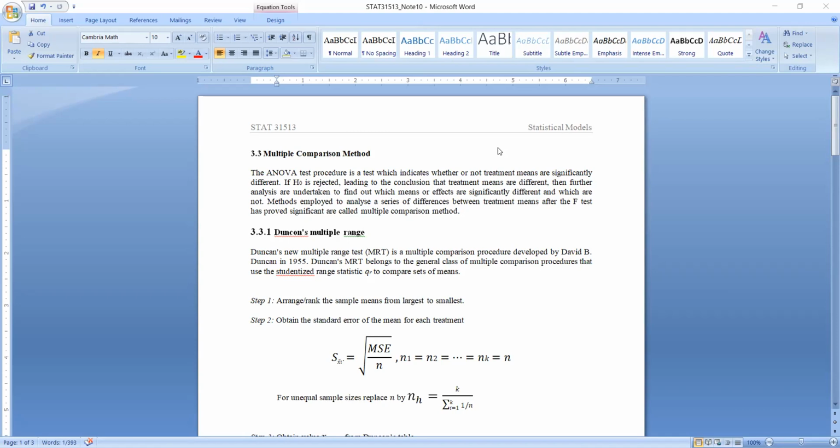When we use one-way ANOVA, we can only come to the conclusion of whether there is any difference between treatments or not. That is the only conclusion that we can get.